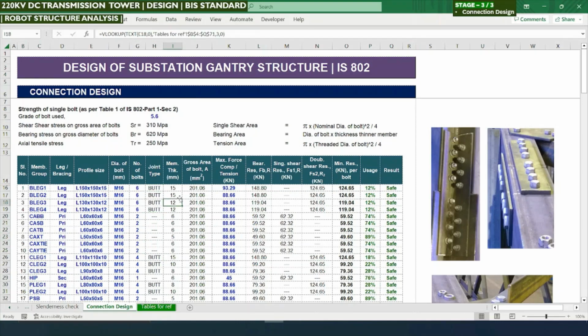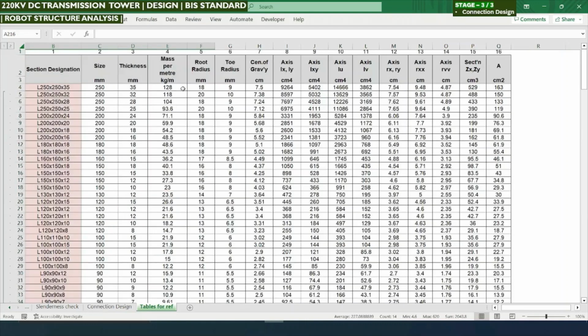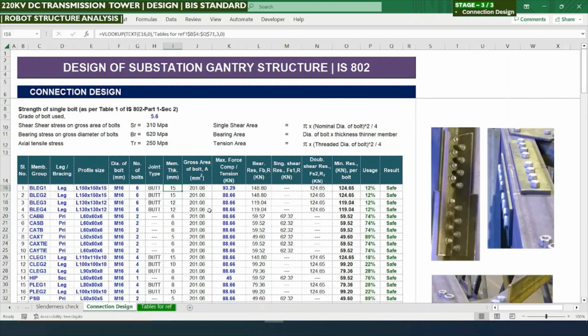The member thickness will be captured according to the profile size based upon the Excel table listed here, and the gross area is nothing but pi d square by 4, which we defined here. The maximum compression or tension force we need to extract from our Robot structural model, which we already calculated.